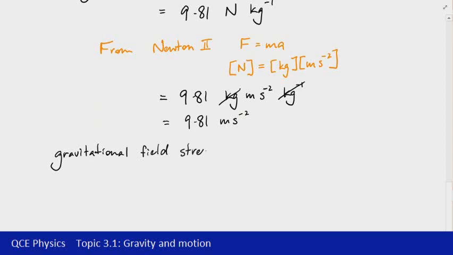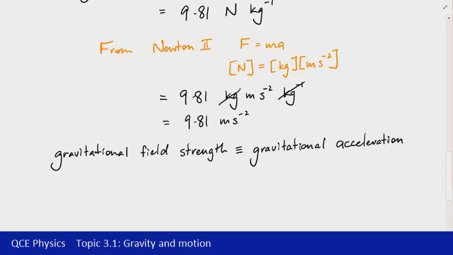The difference is the units of measurement. In both cases we're dealing with the force due to gravity acting on an object. From one perspective we're worried about the strength of the field, and from another perspective we're worried about the acceleration that's acting on the object. So both are interchangeable.